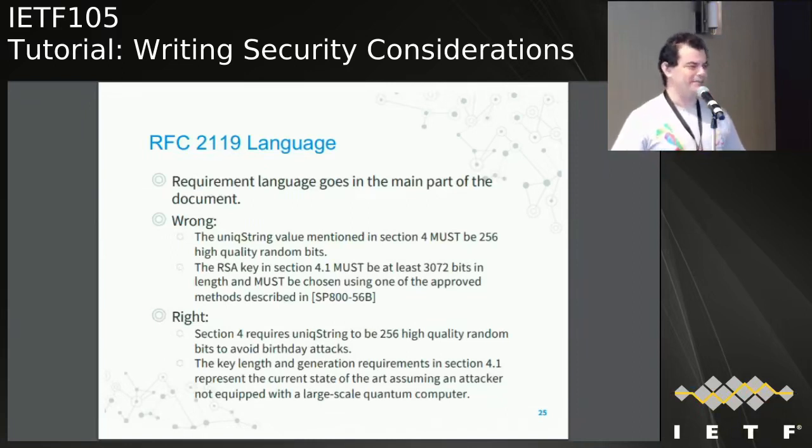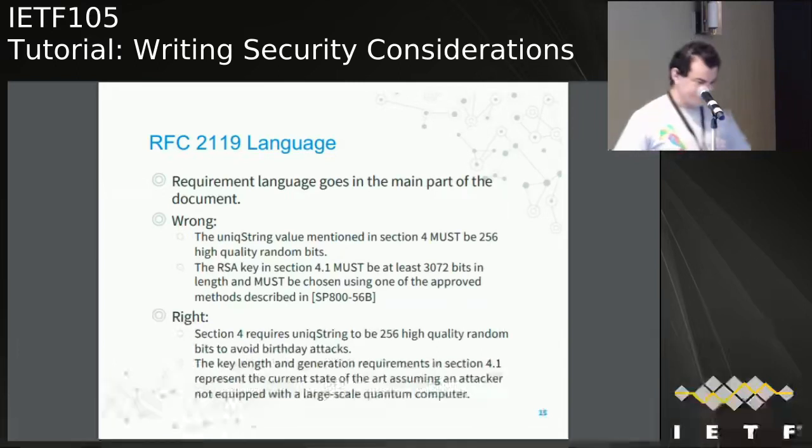I mean, if something is necessary to make a compliant implementation of your protocol, it goes in other places in the document. So here's the wrong thing: the unique string value mentioned in section 4 must be 256 bits of high quality random bits, and the RSA key in section 4.1 must be at least 3072 bits in length and must be chosen using one of the approved methods in SP 800-56B.